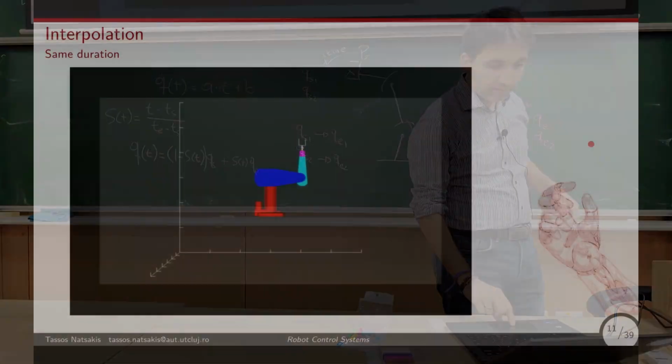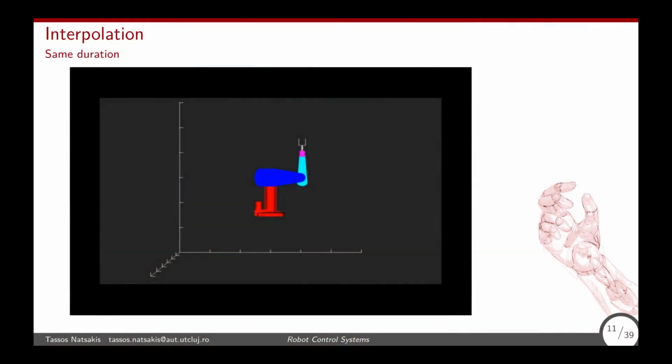Let's see how it would look. So here I have a small animation with two joints moving with the same duration. You can see both of them start and stop at the same time. But you also see the end effector is not following a line, right? It's basically doing a circular motion.